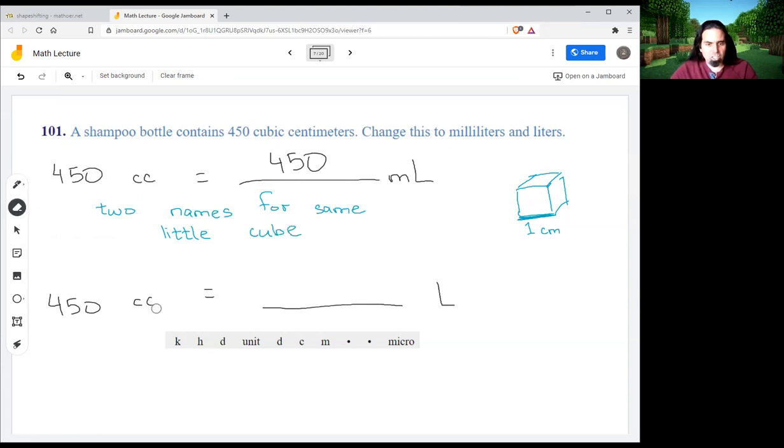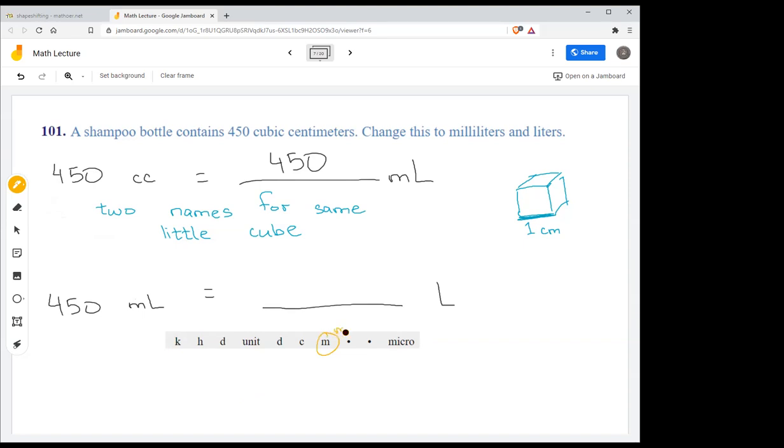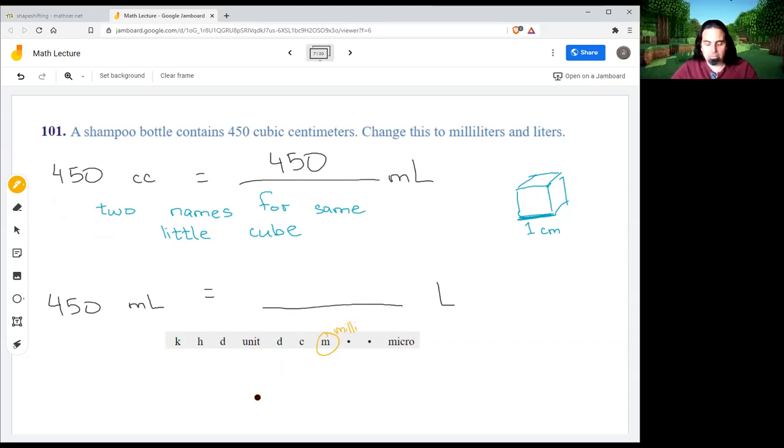So I'm actually going to change CC to be easier for you and say milliliters here. So from milliliters to plain liters, where am I starting in my letters? M, the milli. And where am I ending up? Unit.